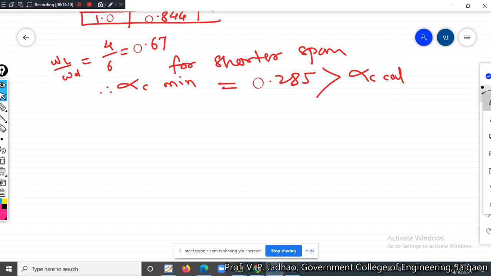So this is 0.254. Alpha C minimum is greater than 0.254.